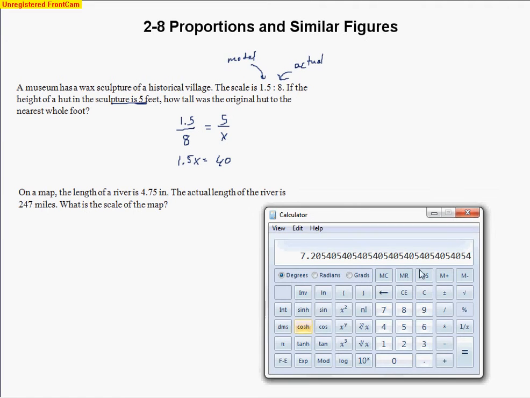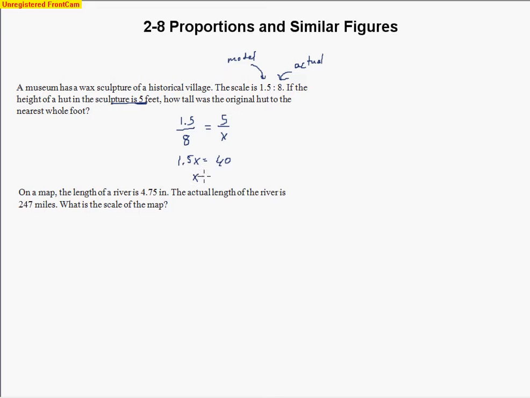So when we set up that, we have 40 divided by 1 5/10. That gives me this number, 26.6 repeating. So since they asked us to change it to the nearest whole number, the 6 is large enough to round this up. So we end up with 27 feet.